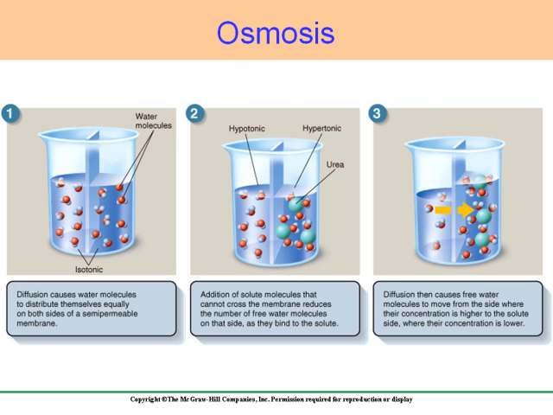In addition, the water molecules are moving from an area that is lower in solute to an area that's higher in solute. So the water itself is going to move essentially to wherever there is more stuff.